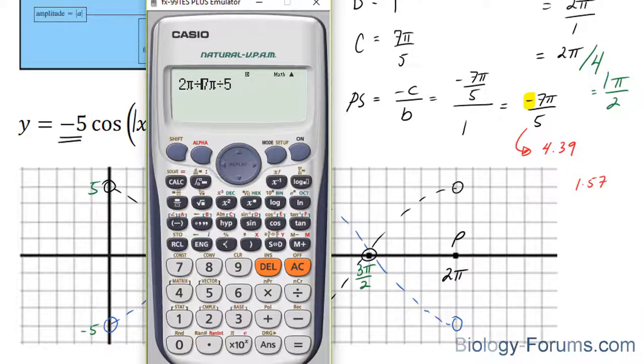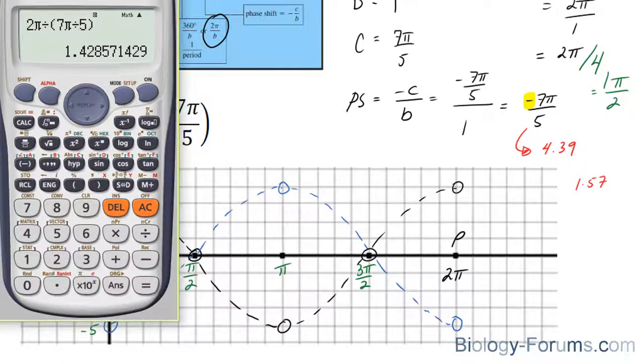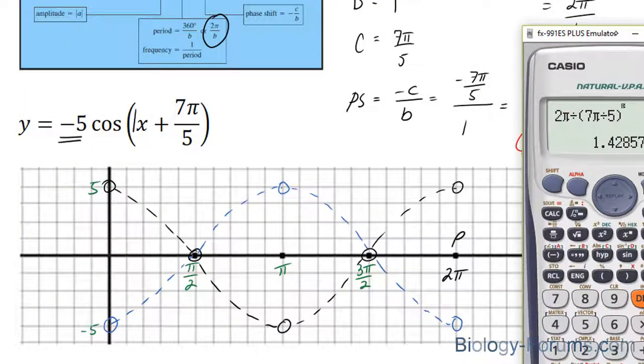And let's put brackets here so we don't make any mistakes. And that is equal to 10 over 7, which is equal to 1.42. Now, if you recall, this alone is 1.57. So the distance from the origin to here was 1.57, which we determined earlier.